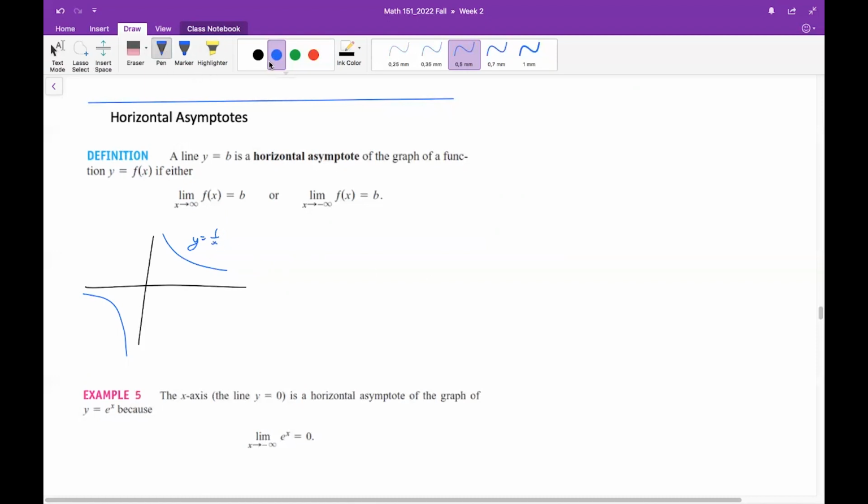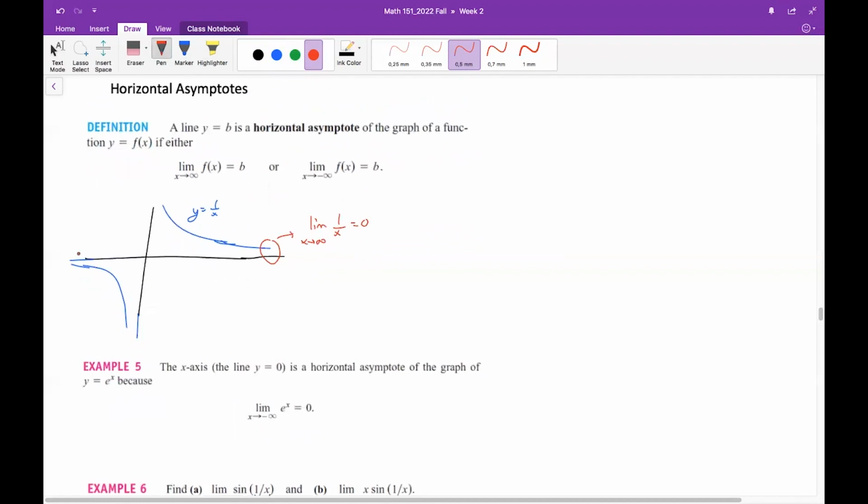And as we already discussed the behavior of this function as x goes to minus infinity and plus infinity, you see what kind of behavior this is? Here we see that the limit of 1 over x as x goes to infinity is 0. And similarly on the other side, the limit of this function as x goes to minus infinity is 0.